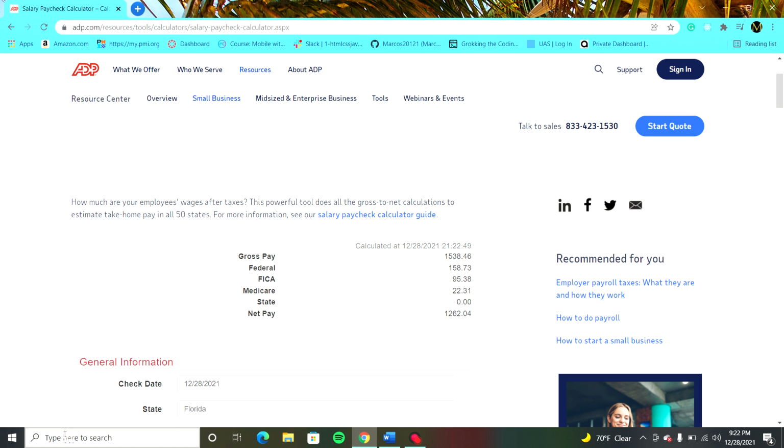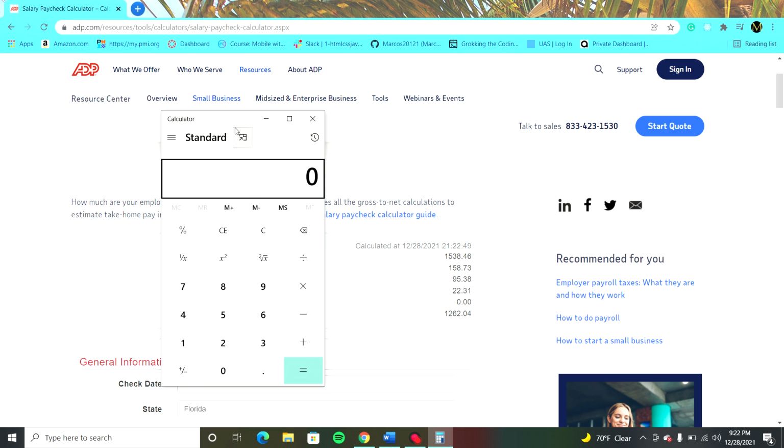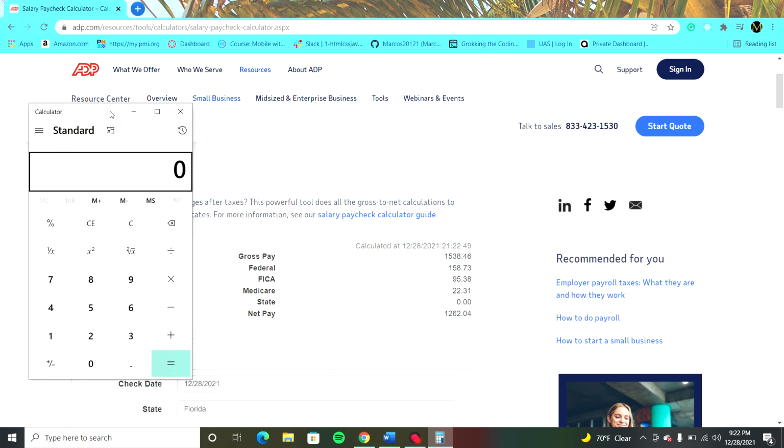So as you can see here, let's pull out the calculator. We have here $1,538.46. So let's go ahead and do that times 2, and then we do that times 12.